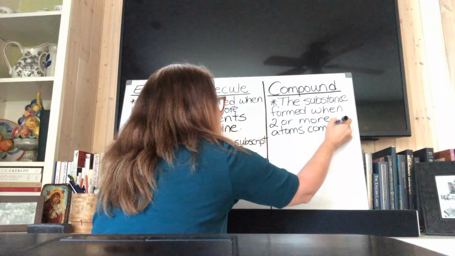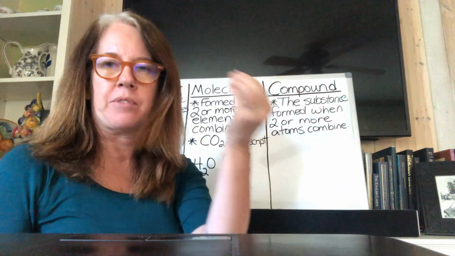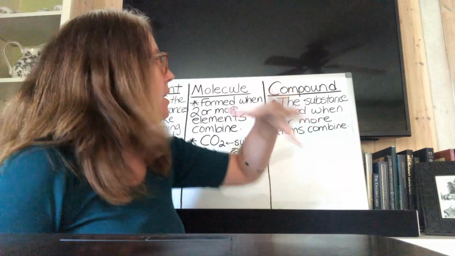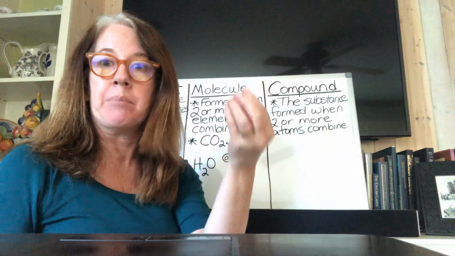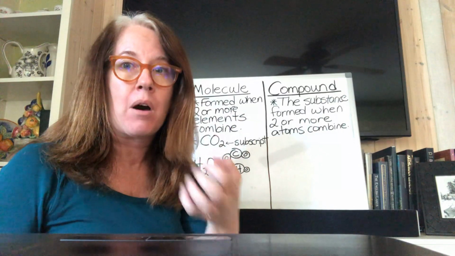That's all it means. So if you have a molecule, it just means there's a bunch of atoms stuck together. If you have a compound, well, it's a molecule, but what that molecule forms is actually called the compound.